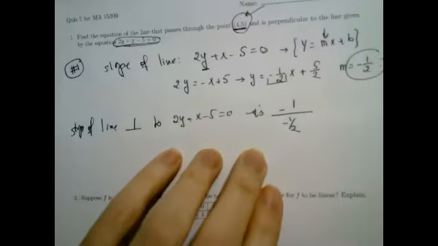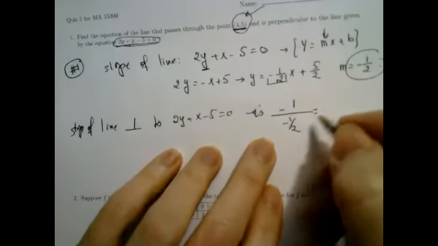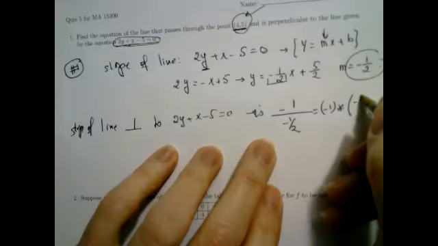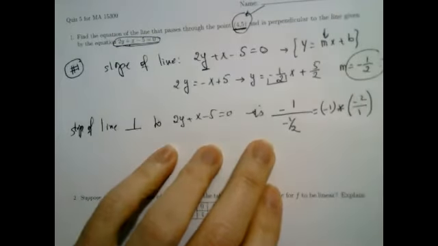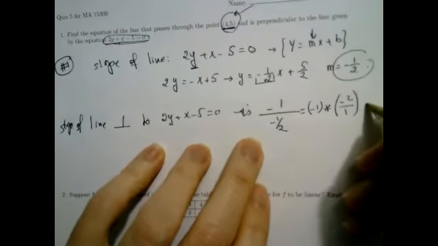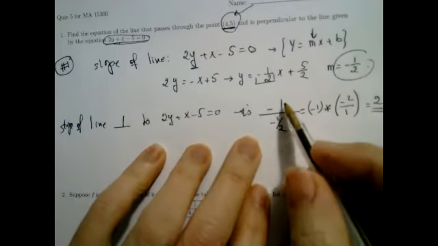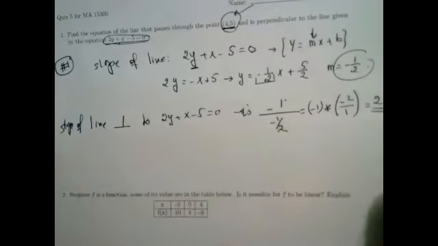And this is where some of you had a little bit of trouble. Remember fractions: this is minus 1, and you multiply it by the reciprocal, which will give you a 2. So we're using the property of fractions. Minus 1 divided by that is equal to 2.